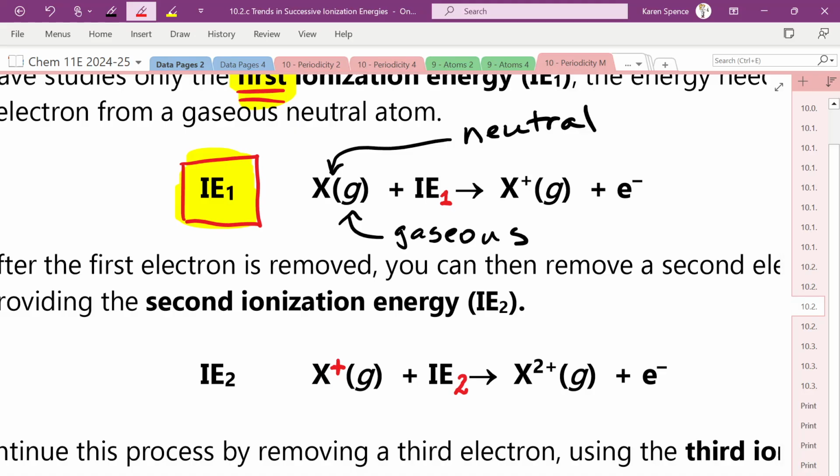If they're in the same shell, like let's say we had a couple of electrons in this shell here, and we kicked out our first one, and then we kicked out our second one, that second one would have less electron-electron repulsion, yes?